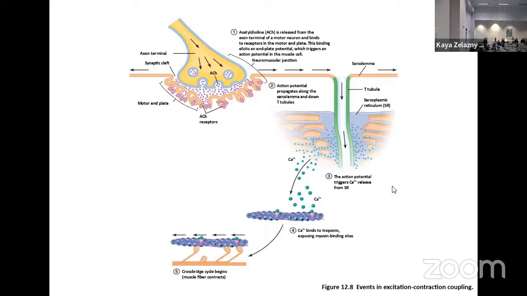Which means we can grab it. So we grab it with our cross-bridge cycle. Here you can see the cross-bridge cycle starting. This one's our myosin.